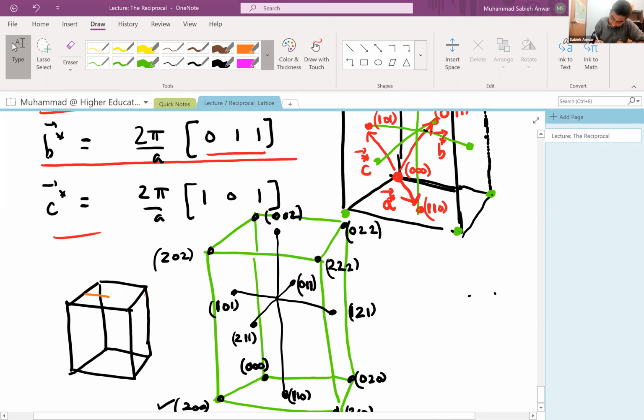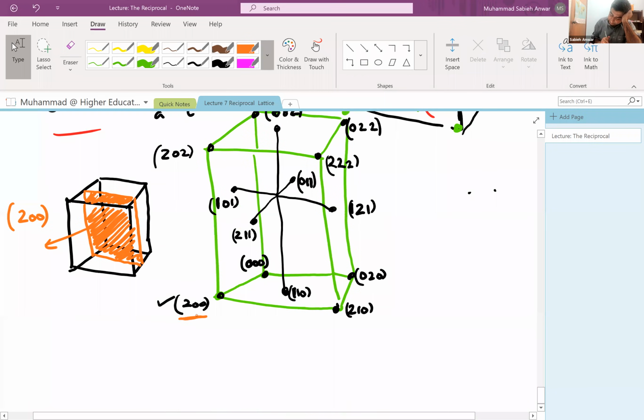So I draw a plane in the middle of this body center here. This is my 2, 0, 0 plane. And in the reciprocal space, this is represented by the point here. Okay. Right.